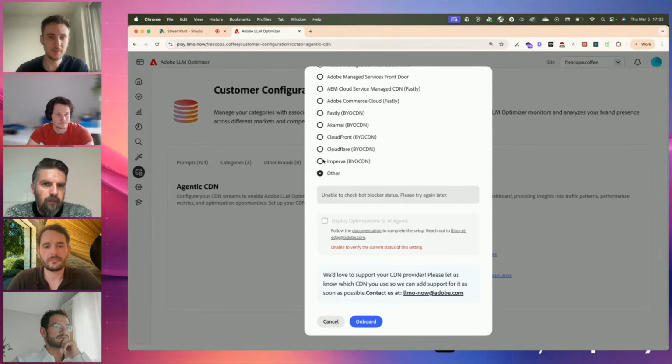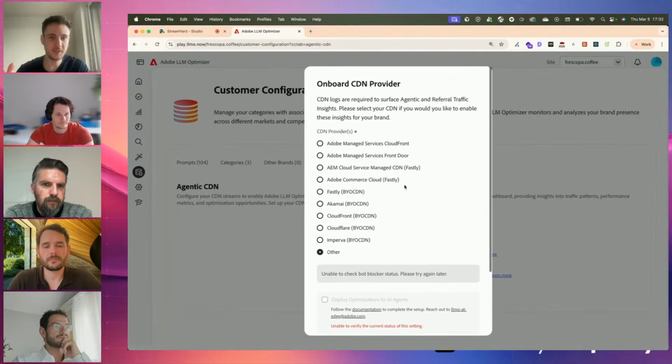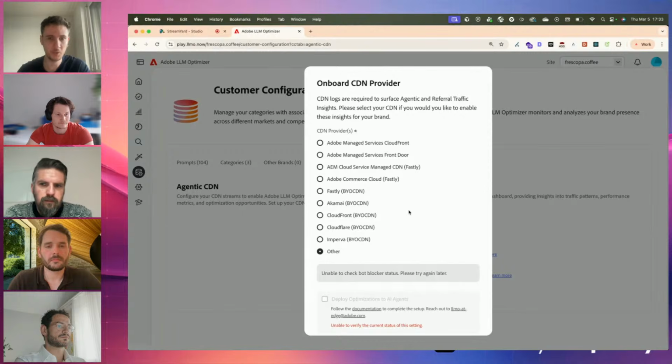With this option, we don't know, so the schema has to be fixed. But assuming the customer uploads the logs with that specific schema, they can upload them. This is the catch-all method that I was mentioning in the beginning. Okay.